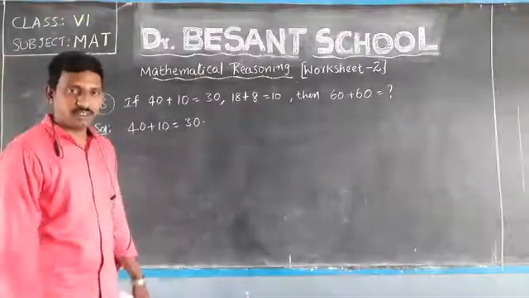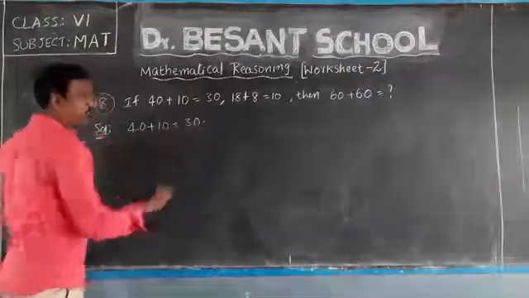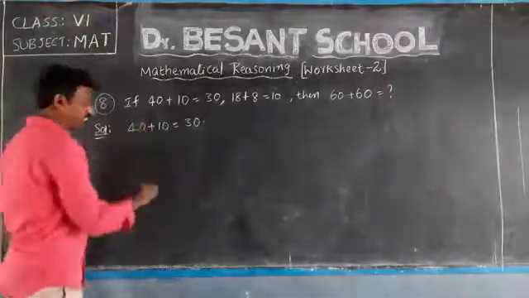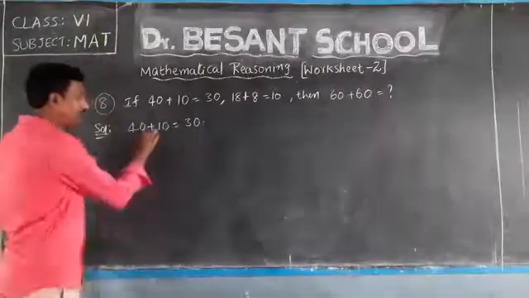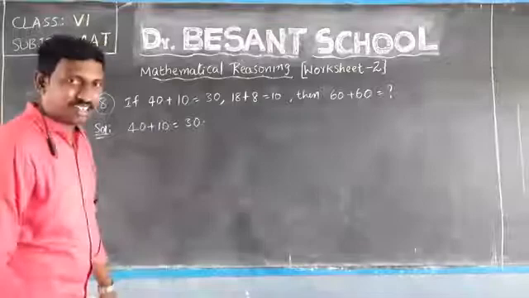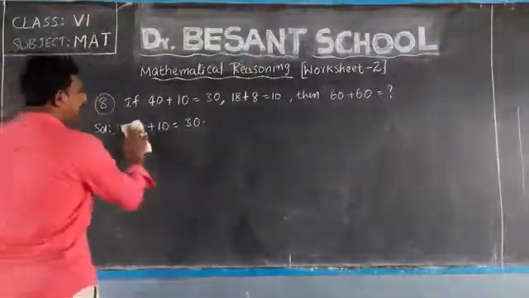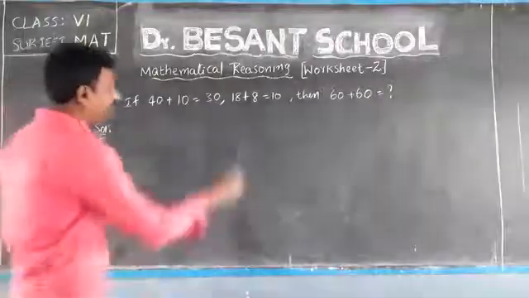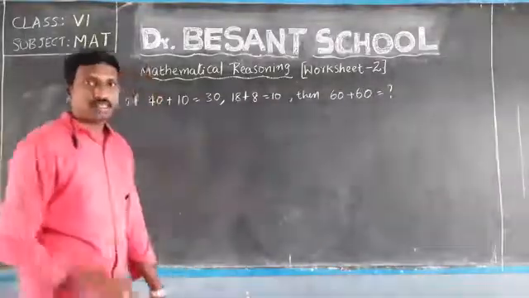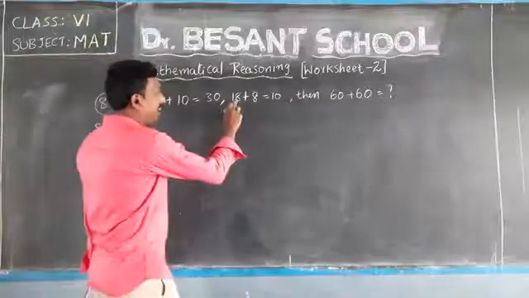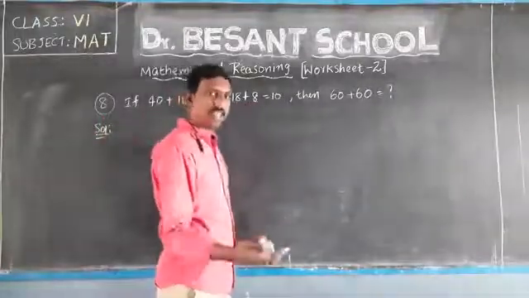Yes, it is 50. Now 40 plus 10 equal to 30 means this 40 is reduced by 10. So instead of plus, he has considered minus. Similarly, 18 plus 8 equal to 10. You do it as minus. 18 minus 8 is equal to how much? 10.